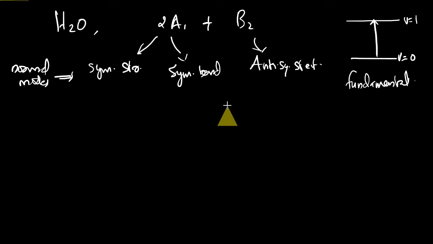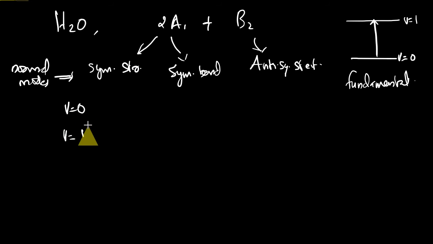And now how are we going to assign the symmetry corresponding to each vibrational state for these normal modes of vibration? For example, the molecule which is executing a symmetric stretching vibration can sit in the V is equal to 0 state. And by absorbing the radiation, the molecule which is executing the symmetric stretching can excite to the V is equal to 1 state.